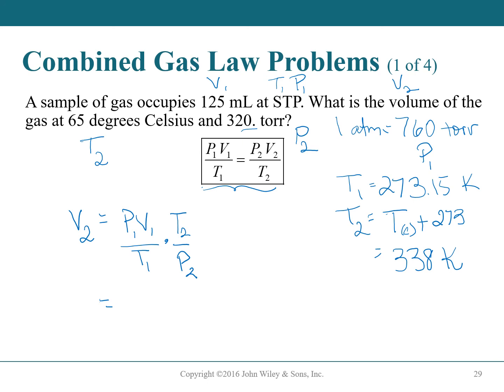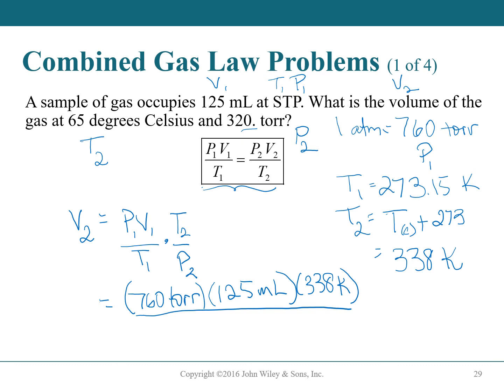So P1, we said, was 760 torr. V1 is 125 milliliters. T2 is 338 Kelvin. And we're going to divide this by T1, 273.15 Kelvin. We're also going to divide by P2, which is 320 torr.